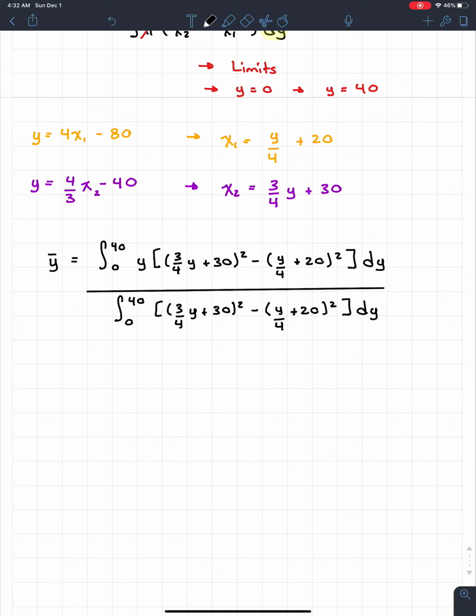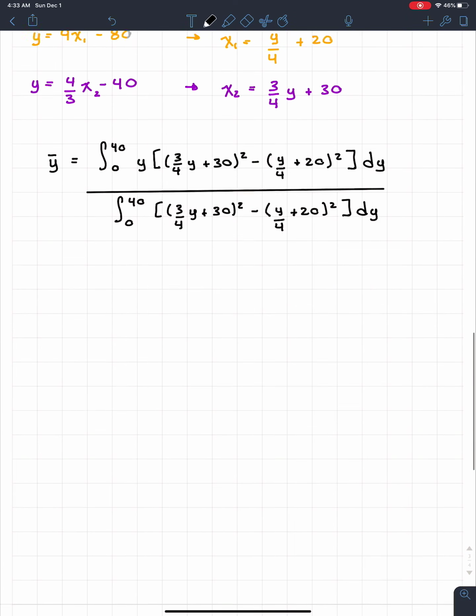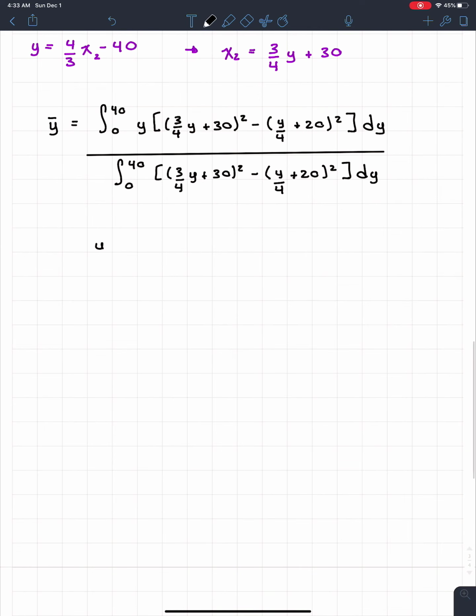As I told you guys before, and I told my students many times, don't try and solve this, just throw it into your calculator. That's what calculators are there for. I'm not even going to attempt to do this because that would waste so much time on your final. One thing I will recommend is don't try this all as one equation. Solve the top first and then solve the bottom.